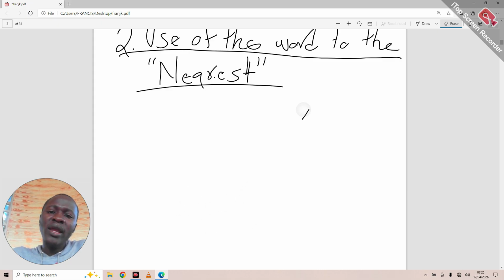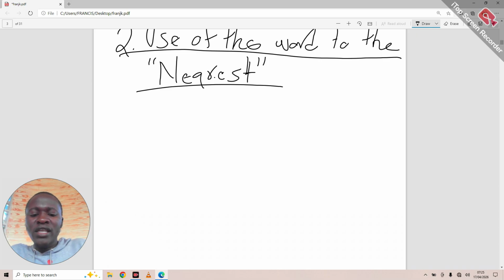Now, there's a reason why I've told you that. If you look keenly, the question reads, the length and width of the cover of a book measured to the nearest millimeter.